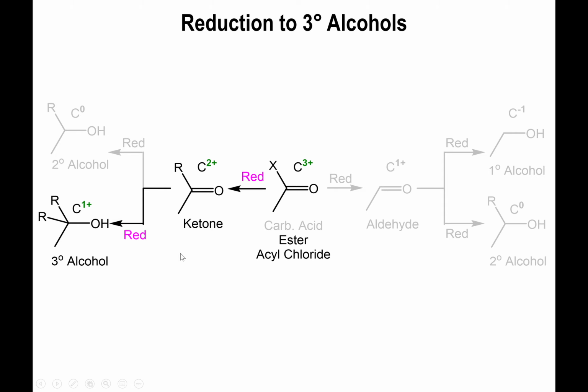Now this is a very similar situation to what we've seen with the aluminum hydride reagents. I'll show you a little bit later how we can stop at the ketone stage starting from the ester or acyl chloride. But right now the Grignard reagents are going to take us directly from either ester or acyl chloride all the way to the tertiary alcohol.